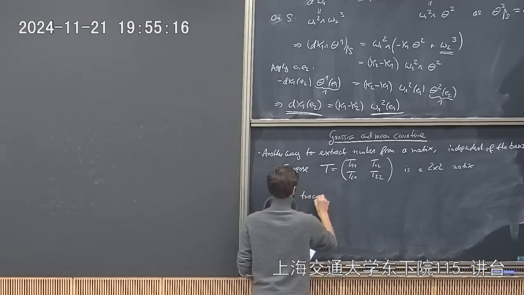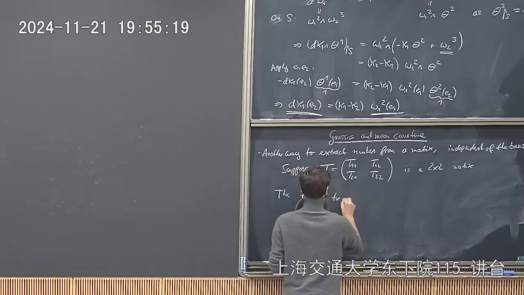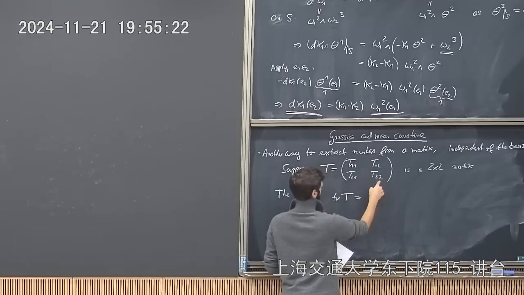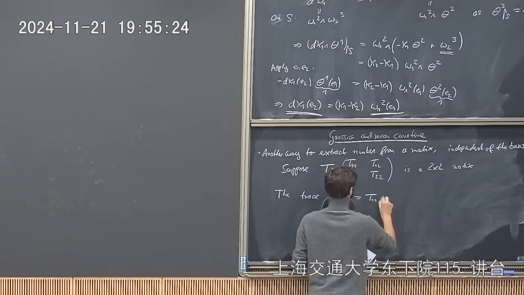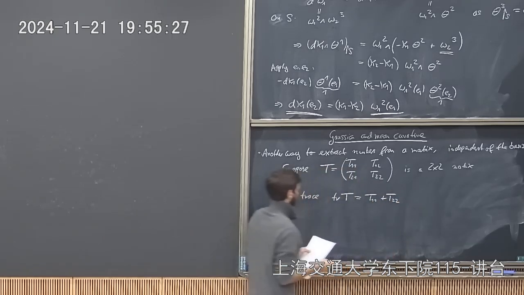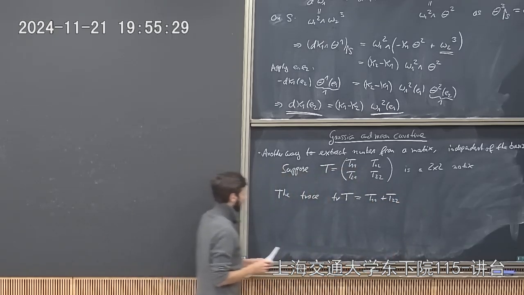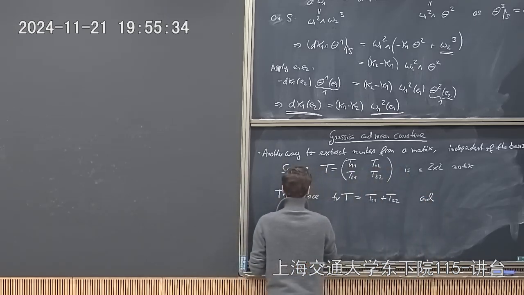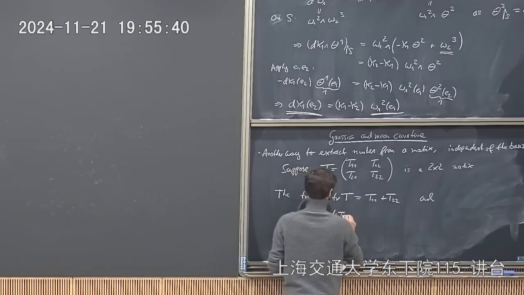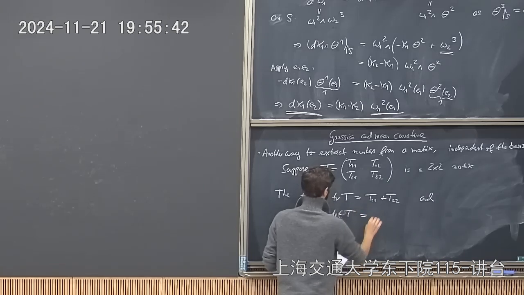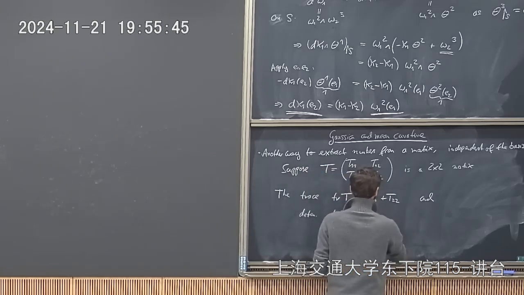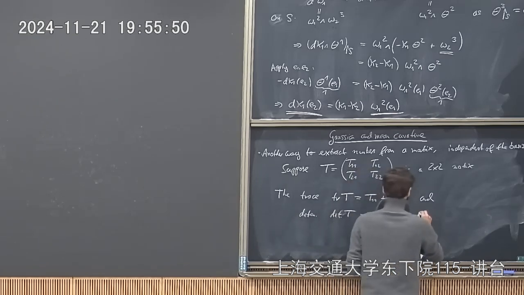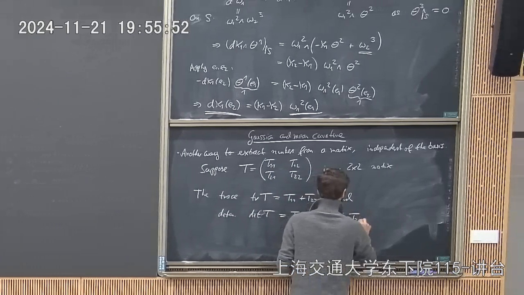the trace, which is denoted by tr of T, we just take the sum of the diagonal elements, and the determinant of T, where we take the product of the diagonals minus the product of the off diagonals.